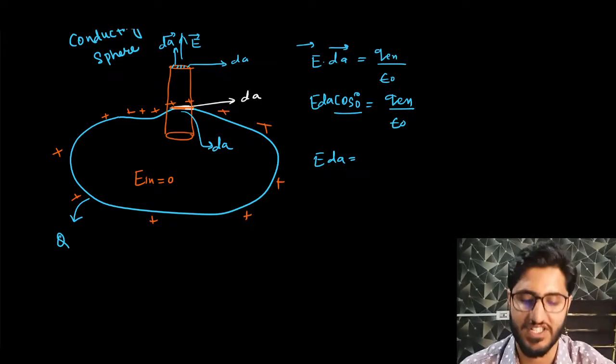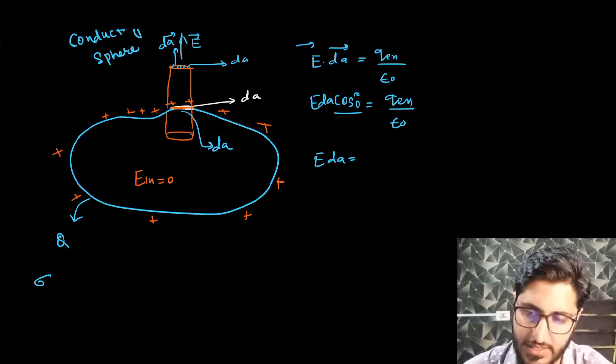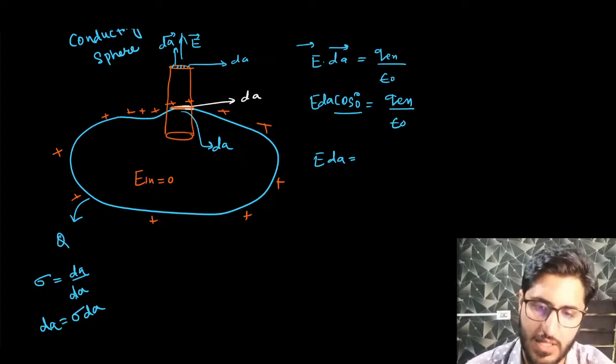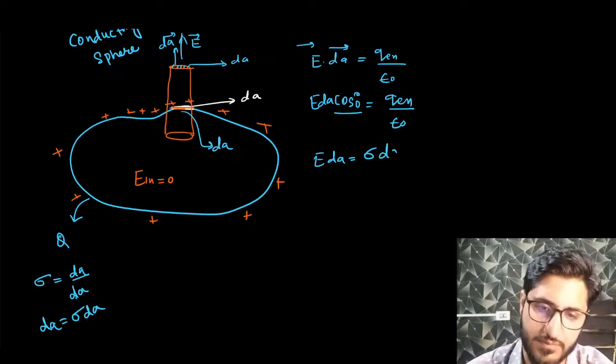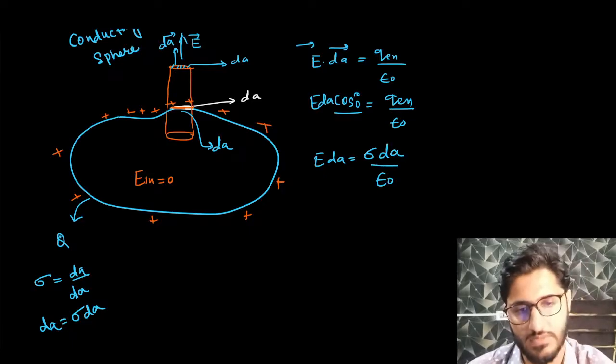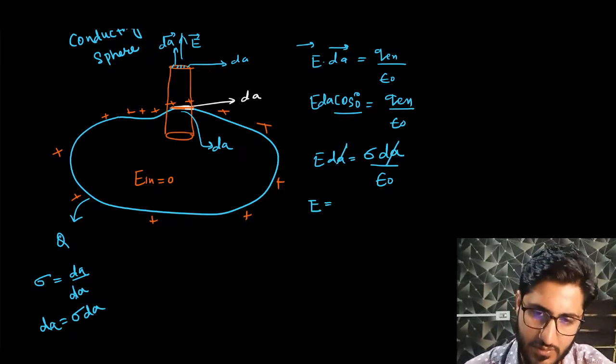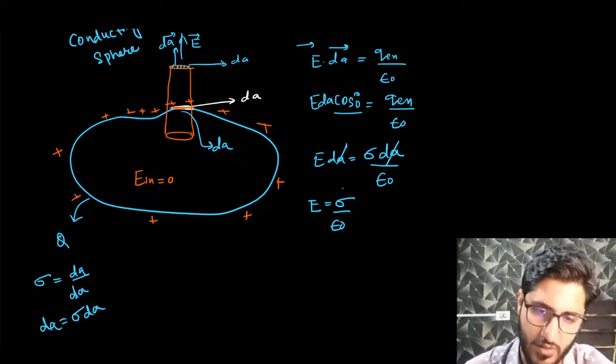What is charge density? Charge density would be charge by area, so I can write dq equals sigma dA. So here I can write sigma dA by epsilon naught. dA cancels out, so the electric field will be equal to sigma by epsilon naught.